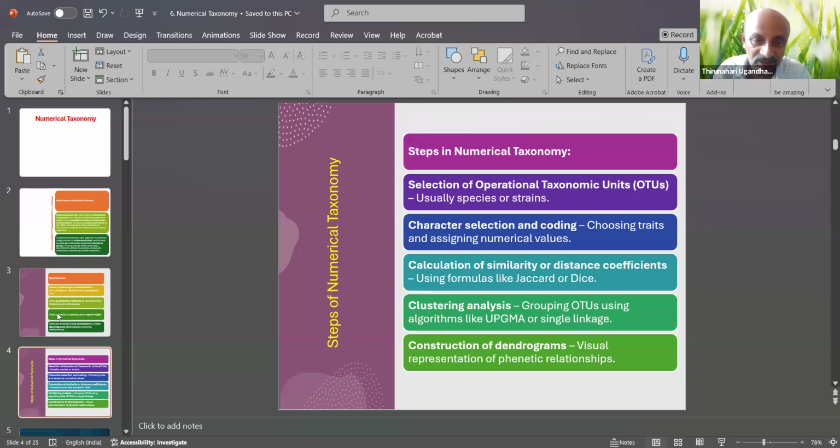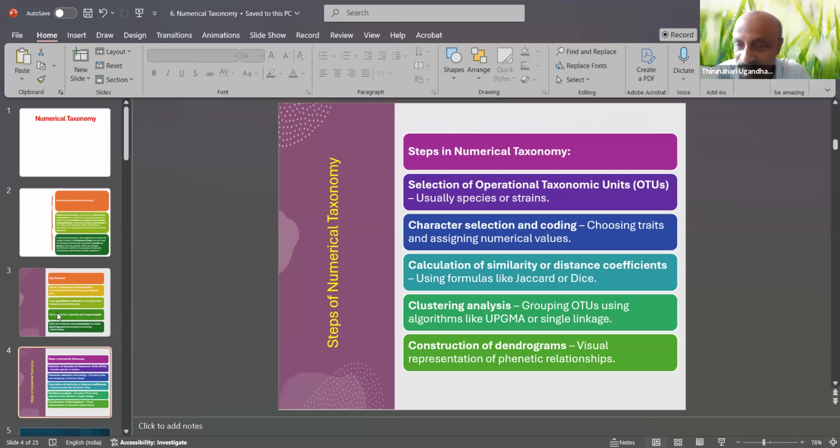So these are the steps of numerical taxonomy. How many steps are there? The steps are selection of the operational taxonomic units, which are usually species or strains, then character selection and coding. Coding means assigning the characteristic features of a group of families as codes, choosing traits and assigning numerical values.